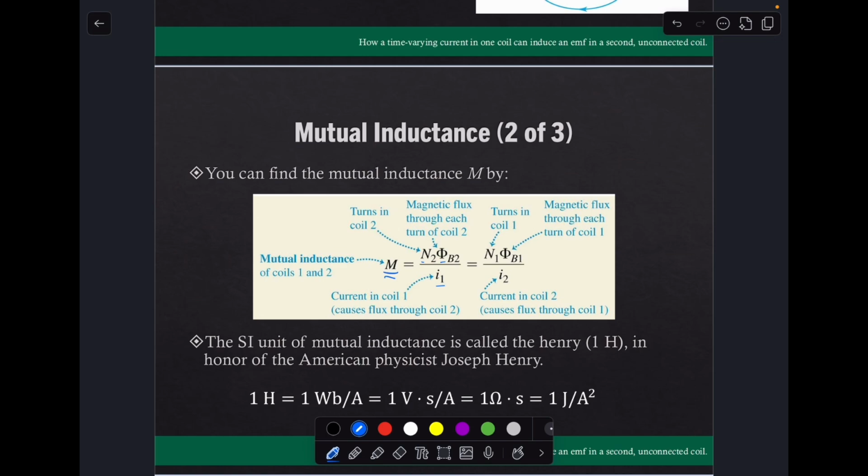And then you can switch all those subscripts around and determine that same mutual inductance parameter. Okay? That's why it's mutual, right? The inductance created by a current flowing through coil 1 is going to be the same as the inductance created by a current flowing through coil 2 and its influence on coil 1.